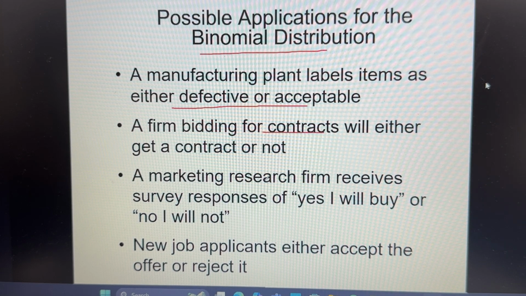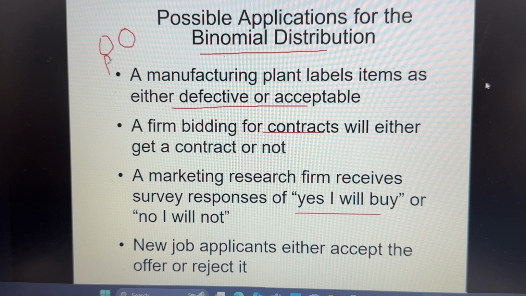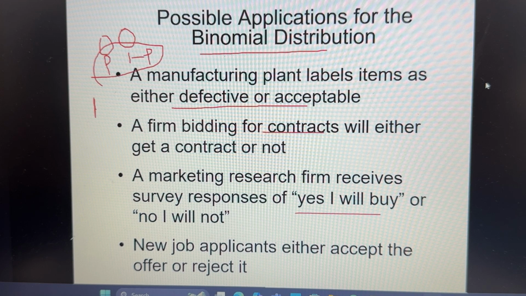Or a marketing research firm receives survey responses of yes, I will buy, or no, I will not. Or new job applicants either accept or reject. That's what we call the binomial distribution. You can apply it when there are only two outcomes: one we call P, the other 1 minus P, and the total probability should be equal to 1. If you have any doubt, ask me.